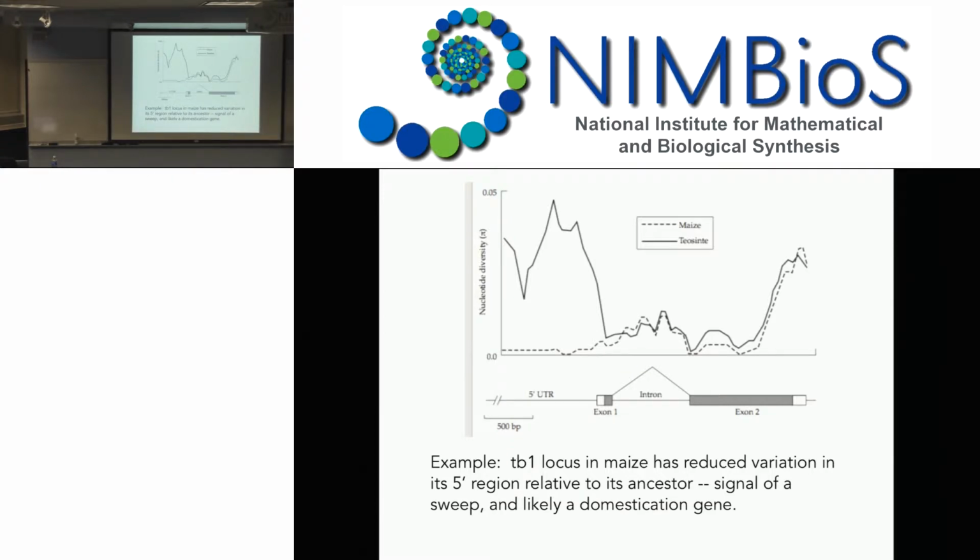Now, a couple of interesting things. Where's that signal? It's not in the coding region. It's in the non-coding region. Furthermore, we now know where this signal is. It's 64 kb up here in a retrotransposon called hopscotch. And we can tell that it jumped in about 30,000 years ago.